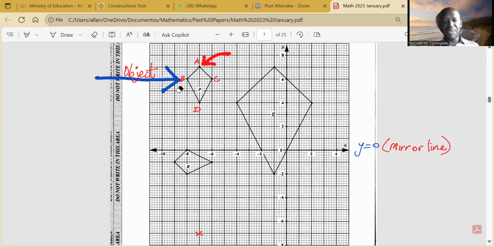All right, so let's do B now. And somebody tell me how many points is B from the mirror line? Y equals to 0. Let me ask Jenny. How many points, Jenny, is point B from the mirror line?